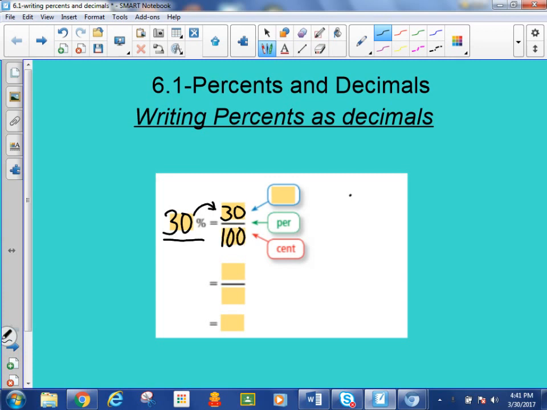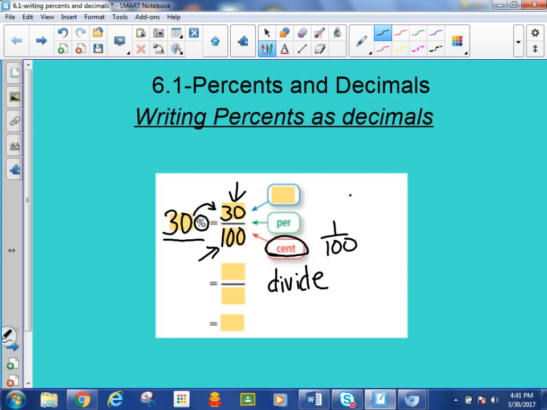You ask, Miss Hulk, how did you get 100? Well, cent means 1/100 or 1 over 100, which is exactly where that symbol percent came from. So you have percent, you put your percent over 100, and then you can divide.